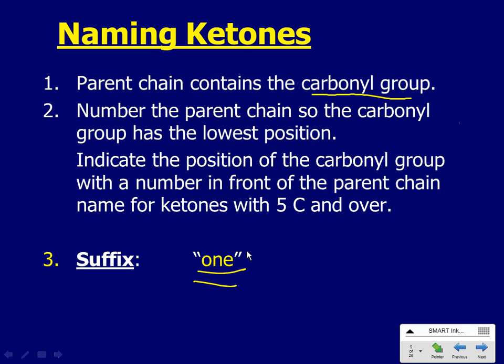Now, in this case, that double bond can be in different positions in the chain. So we do need a number this time. For aldehydes, no number needed, always in the number 1 position. For ketones, we do need, all right? If you accidentally think of an aldehyde as a ketone and you give it a 1-one, then you've got a mistake. A 1-one is an aldehyde because it's never in the 1 position. And then name your branches, et cetera, et cetera.